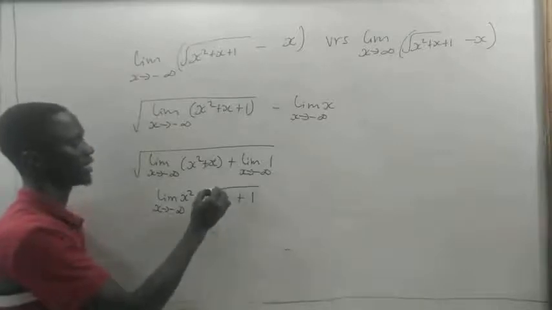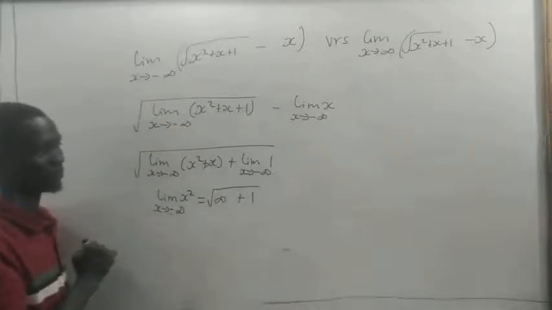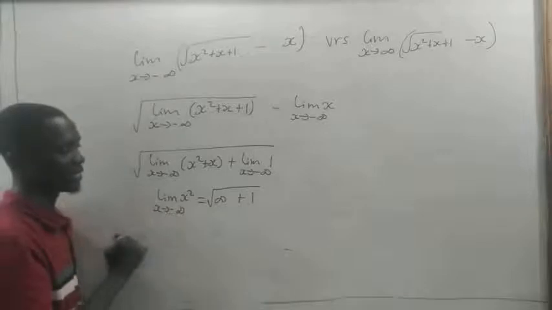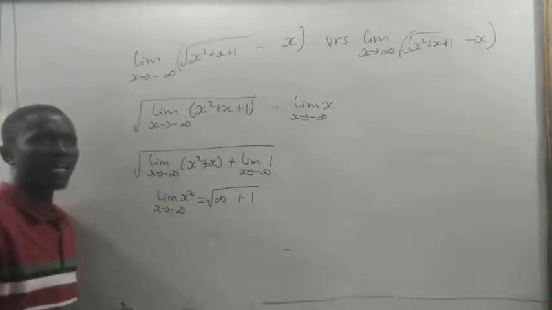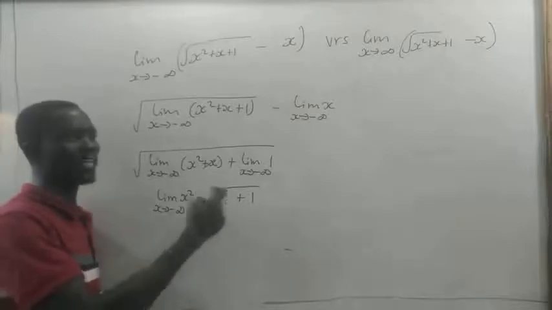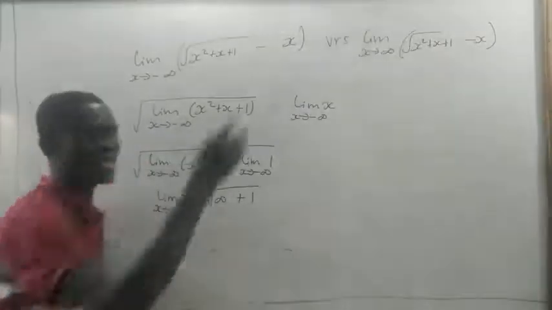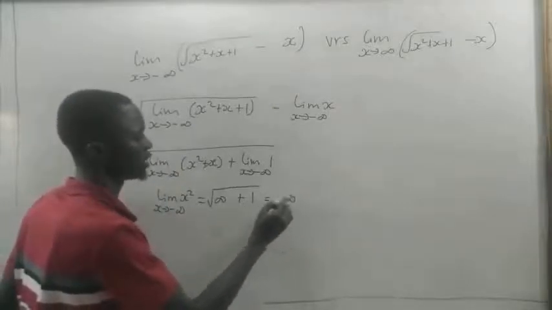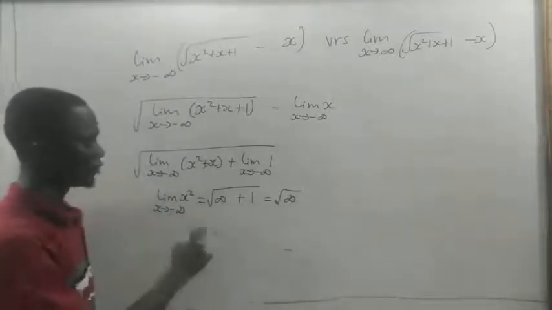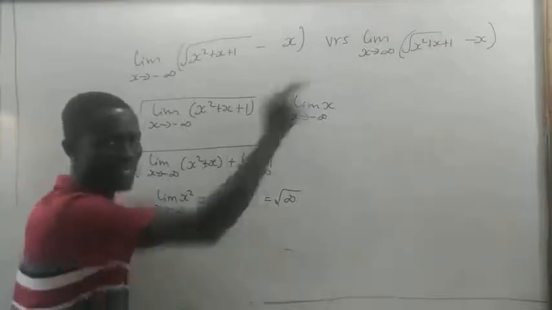And then we take the square root of this. Very simple as this. Now, what is infinity plus 1? I don't know infinity. So plus 1 means I'm just adding something to the infinity to go to infinity. So this one will be infinity.